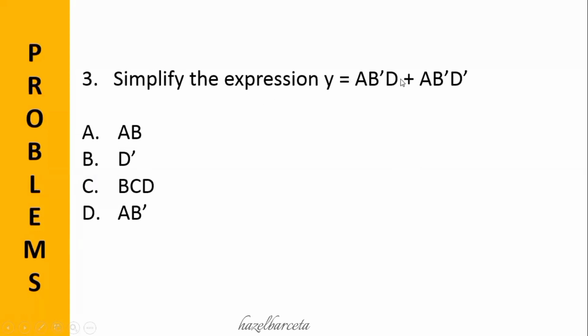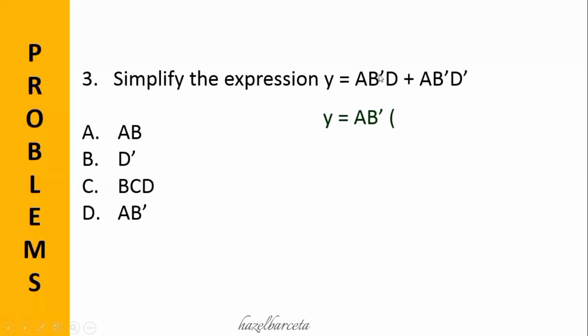Here, wala po tayong parentheses. So, ang best na una po natin gagawin ay factored out po natin ang common, which is AB prime. So, factored out natin. Same lang naman. So, wala pong priority na kailangan.